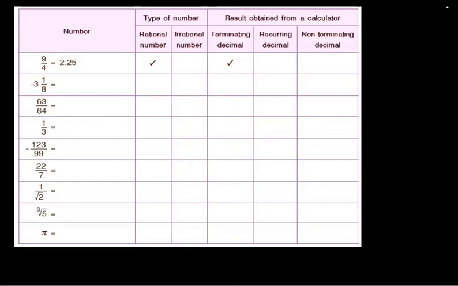And now we are getting 2.25. 2.25, we call it a terminating decimal. Why? You have the decimal point here. After the decimal point, you have 2 and 5. You don't have any other number. There is no other number.